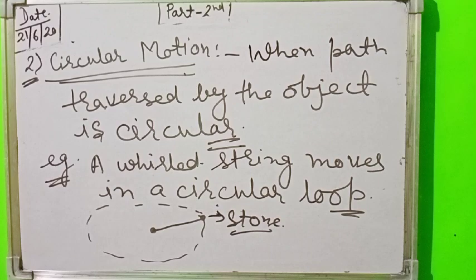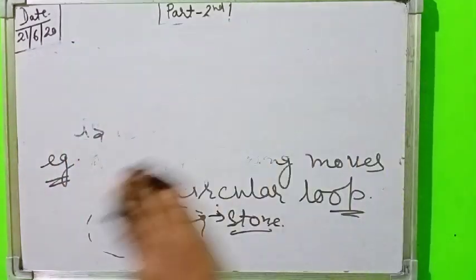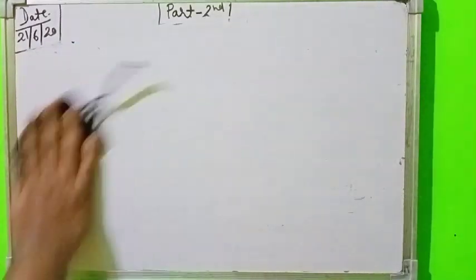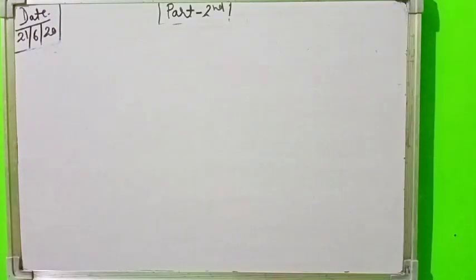The third one is oscillatory motion. It is clear to all, you have studied these basic things. Oscillatory motion: simple pendulum motion, to and fro motion, back and forth motion. The motion in which a particle moves to and fro about a given point.